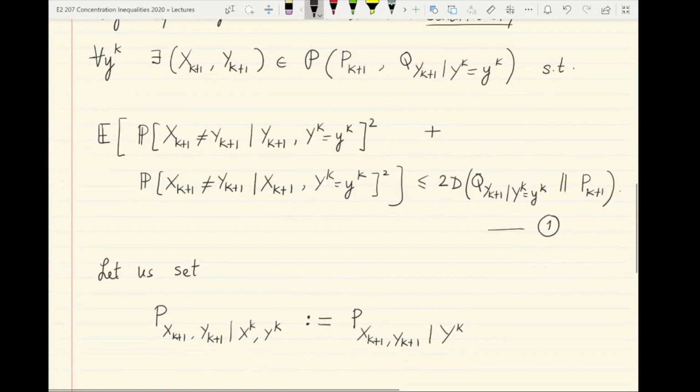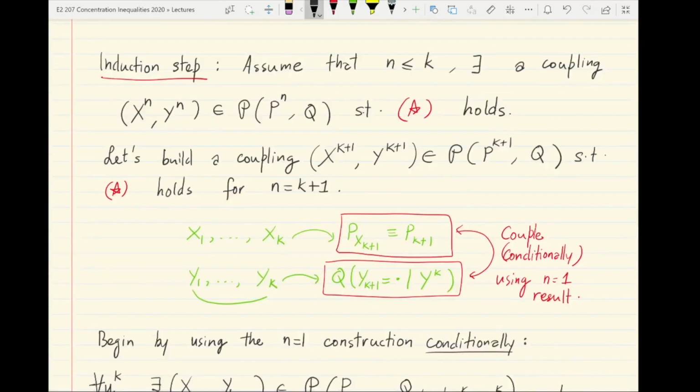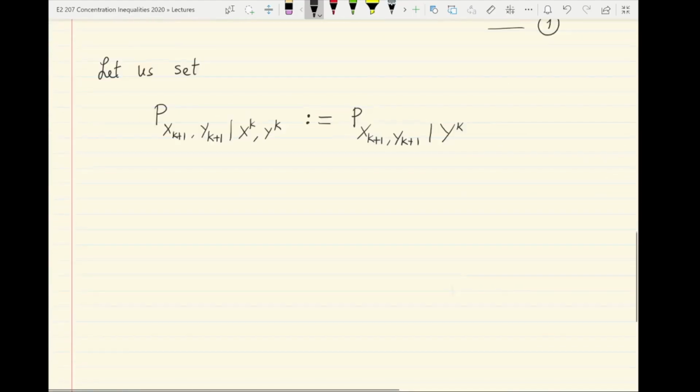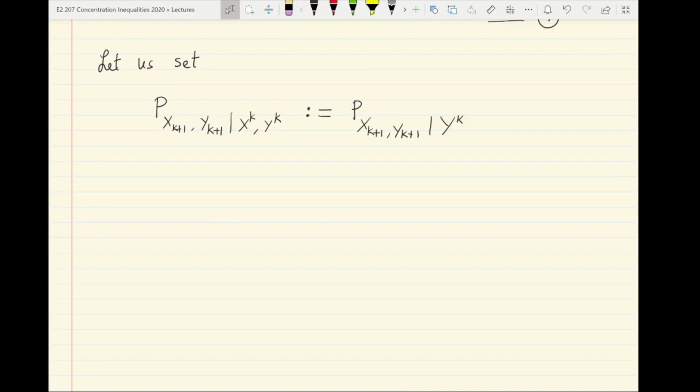What this means is that it exactly executes this diagram. You take the first k y's, which gives you a conditional distribution on the k plus first y, and use a coupling that couples this conditional distribution for yk plus 1 with the standard distribution pk plus 1 for xk plus 1. So this is how we inductively define a probability distribution on x1 through k plus 1 and y1 through k plus 1.